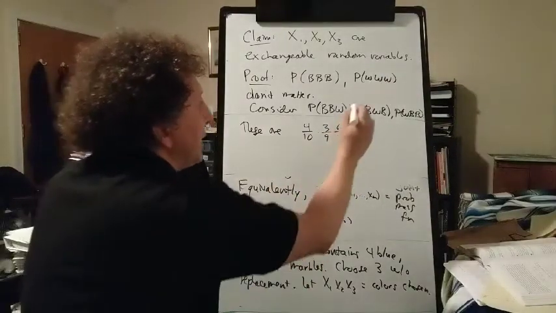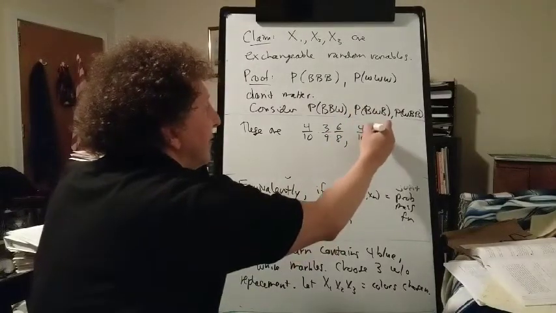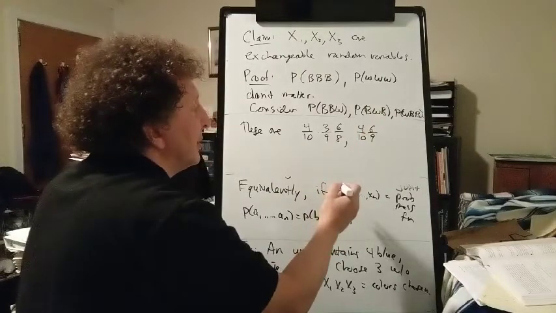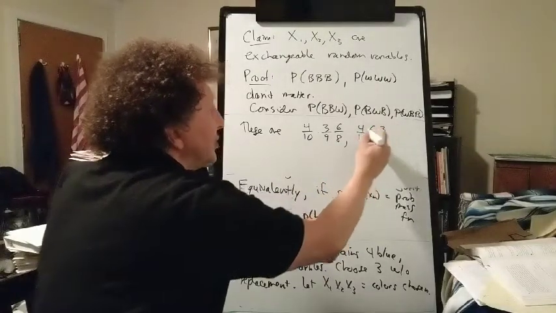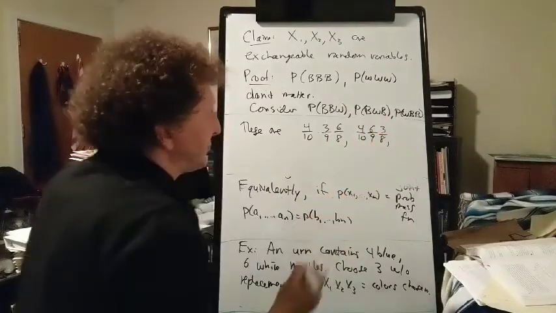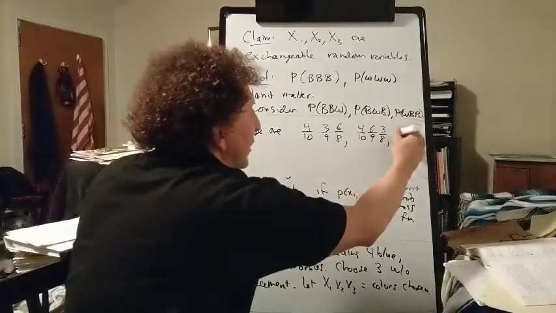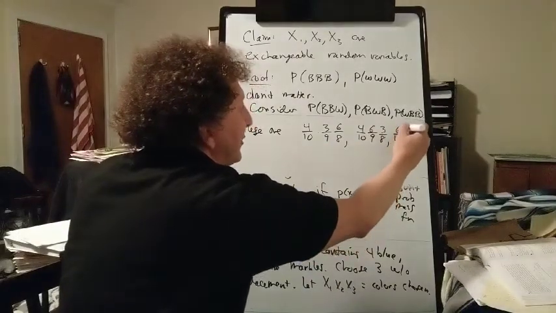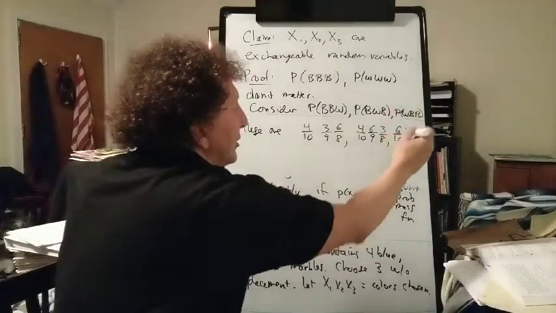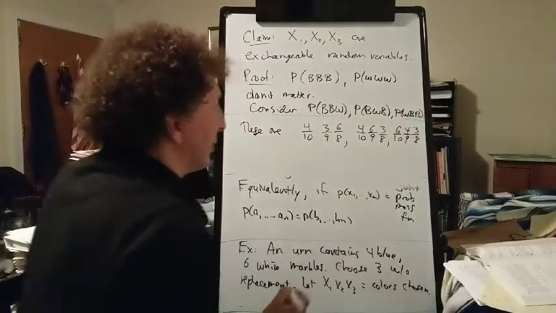And if we get blue first, 4/10 again, white second, then there's 6 white out of 9 marbles left, and if we get blue third, then we already chose 1 blue, so there's 3 blue left out of 8 marbles left. And if we choose white first, there's 6 white out of the 10, blue second, there's 4 blue out of the 9 left, and blue third, there's 3 blue left after we take 1 out of 8 marbles.